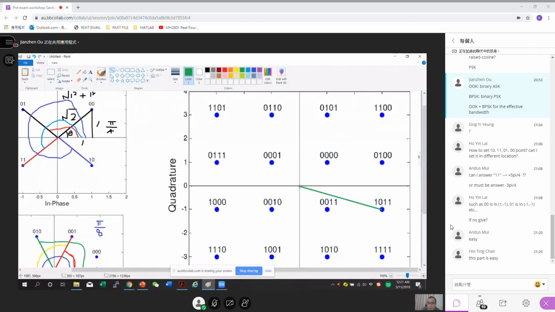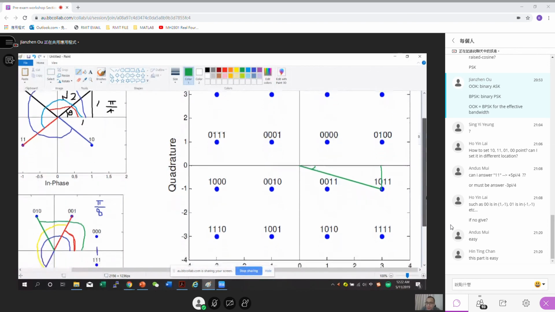So that means we have to calculate the magnitude and also calculate the angle here. To calculate the magnitude, because it's not PSK anymore, there's no initial phase anymore, so we cannot use the trick for the first and second subquestions. So let's go to the simplest one, which is the magnitude.